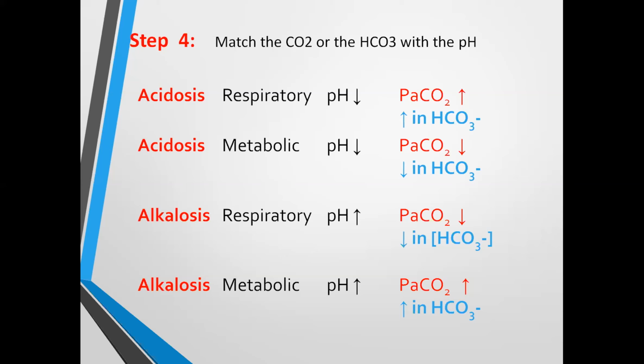Looking at respiratory issues, if there is reduction in the pH, there would be elevation in PCO2 and elevation in bicarb. This is basically a correlation, or interconnection, between carbon dioxide, bicarbonate and pH.